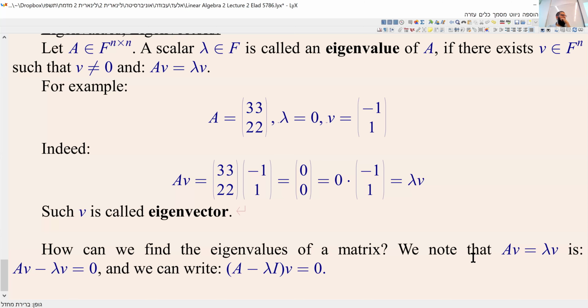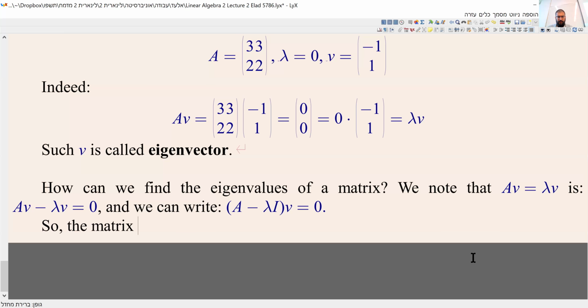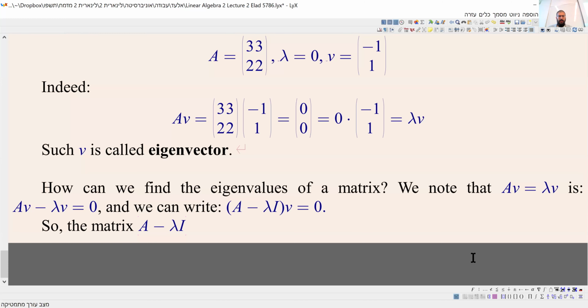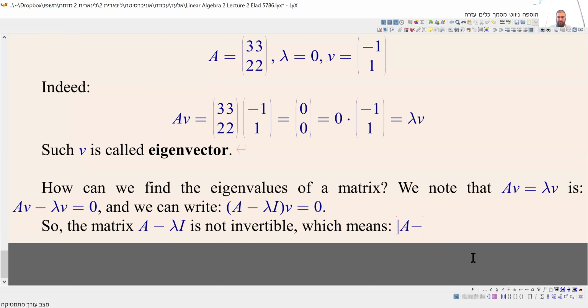If you multiply a non-zero vector by a matrix and you do get 0, it means, and that's knowledge from the first course, that the matrix is not invertible. So the matrix A minus lambda I is not invertible, which means that its determinant is 0.